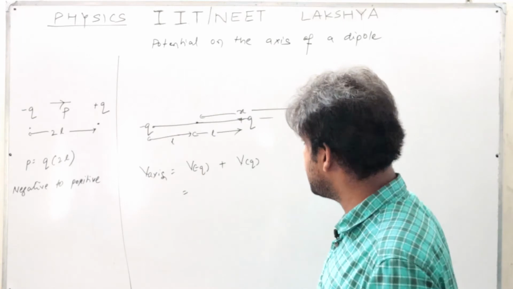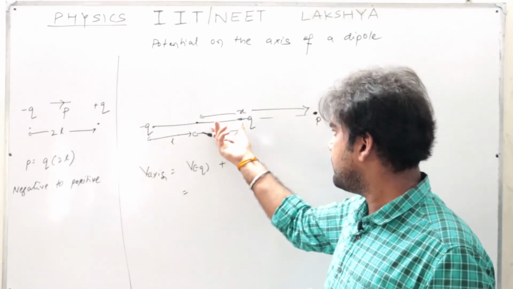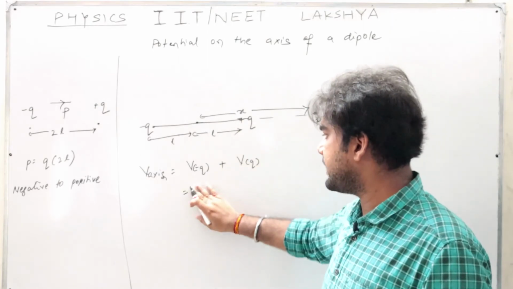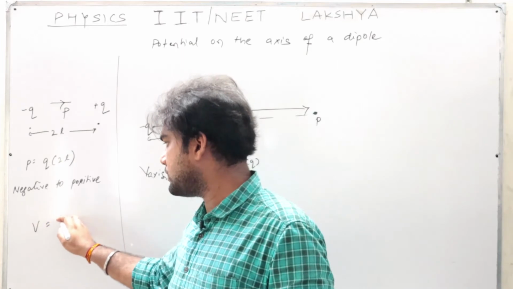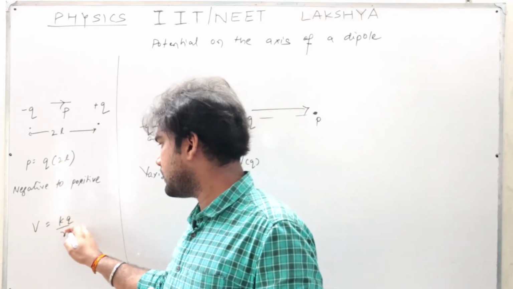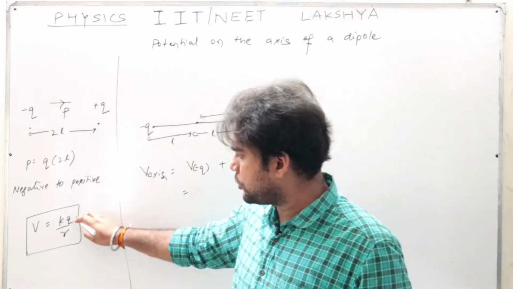So what is the distance of this point from here? It is L plus x. So I write kq. What is the formula of the potential? Potential due to a point charge is kq by r or kq by x. And here we have to substitute q with sign.